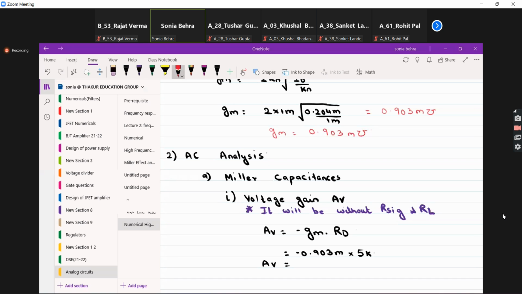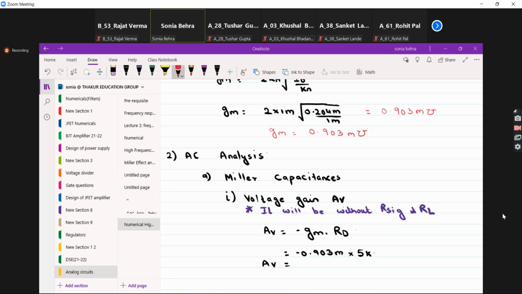Yes. Cancel milli and K, how much will it be, Rohit? Cancel milli and K. Yes, Shreyash, it's right. Others, please start putting your answers. I'm waiting. Yes, Kushal, it's right.